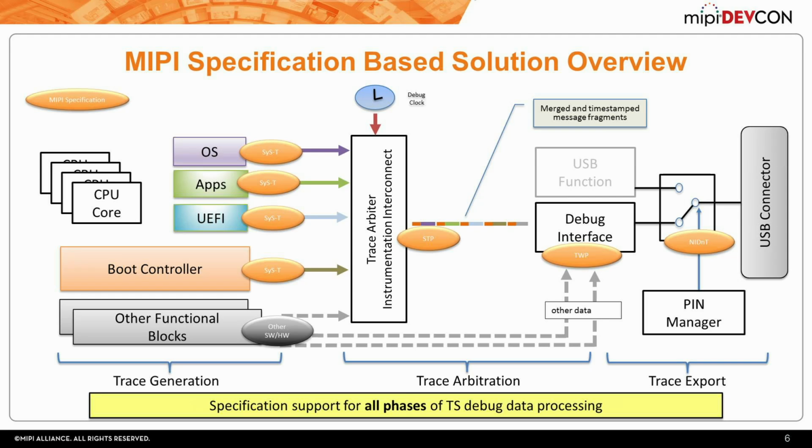It should reach any component inside the SoC design, and combine and merge these independent trace data streams coming from the various sources together into a single output stream using another MIPI specification called System Trace Protocol, or the acronym STP. And by this point in time, we also inject clock time information from the system.